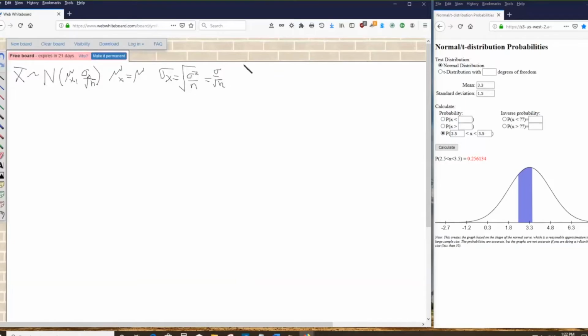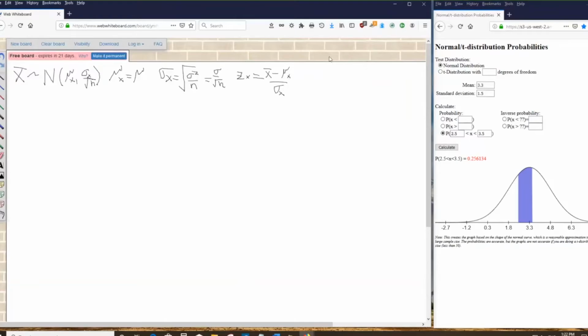And then the other formula you might need is your z-score, which just tells you the number of standard deviations away from the mean. And it's the exact same formula that you saw in the normal distribution. So it's your x value minus the mean divided by your standard deviation.